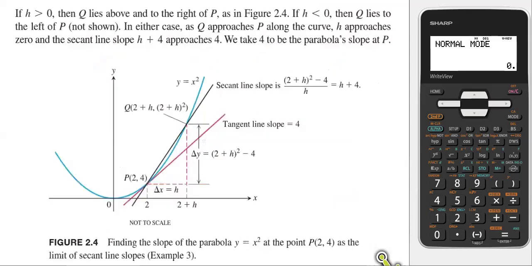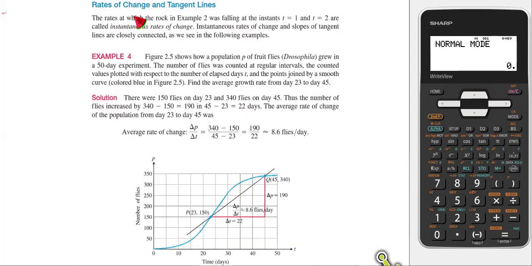Now, all of that is exactly the same thing. Even here, they're talking about the rate of change and tangent lines. It's the average rate, average gradient, whatever. This is still the same thing.